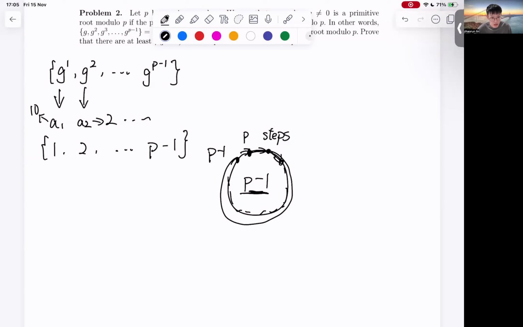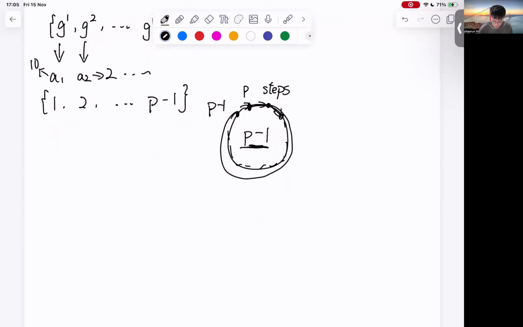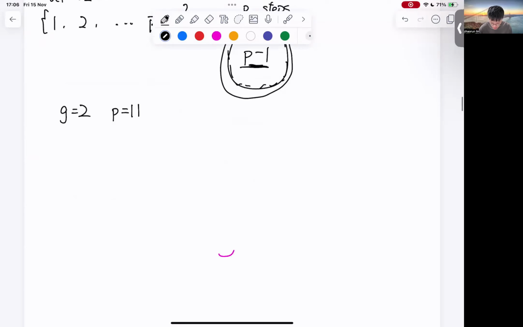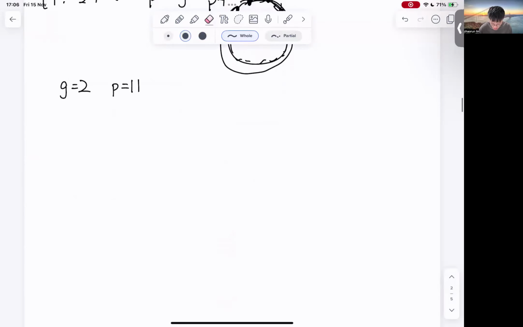Let me give you an example. If we set G equal to 2, and for the prime number 11, we know that 2 is a primitive root of 11.